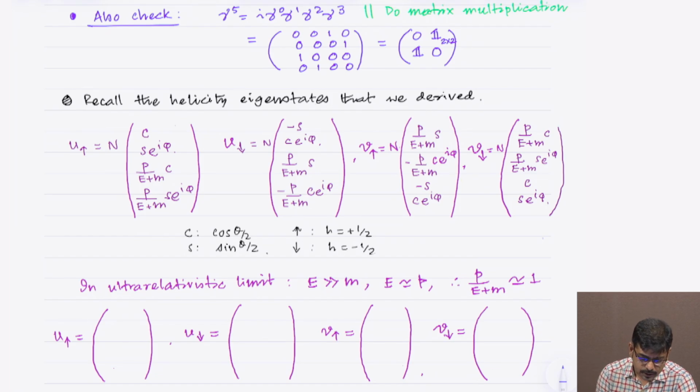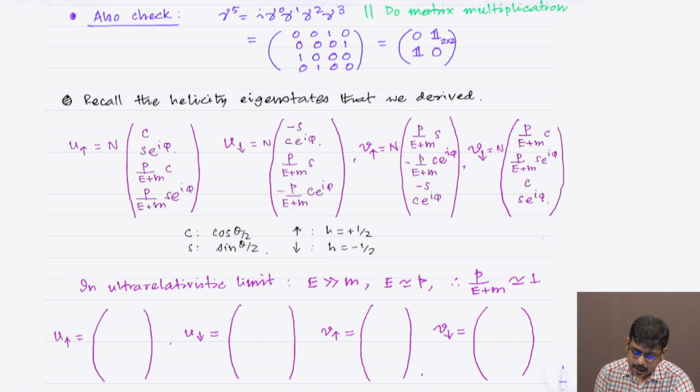So, u up was this normalization constant which I am not going to get bothered with. C stands for cos theta by 2, S stands for sine theta by 2, and e to the power i phi. This is u up, u down, v up and v down, where C is cos theta by 2 and S is sine theta by 2.